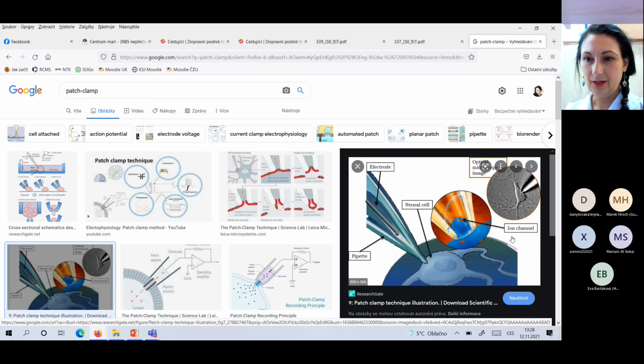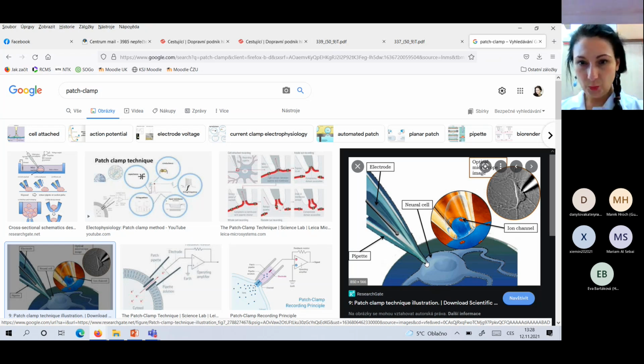Yes. Okay. This is a cell. This is a microelectrode. We also talk about micropipettes. It's a glass pipette, which has a very tiny and narrow tip, around several micrometers. The pipette is filled with electrolyte, and there is also a wire like an electrode.